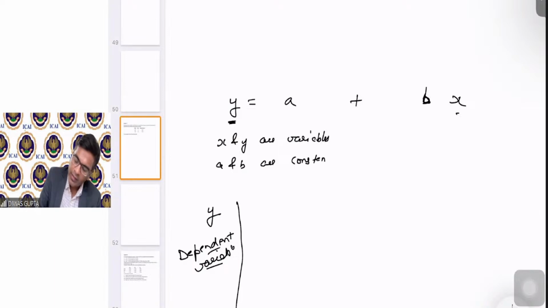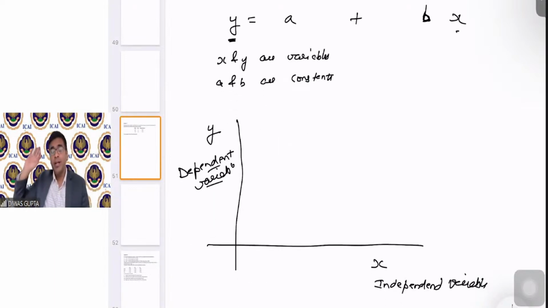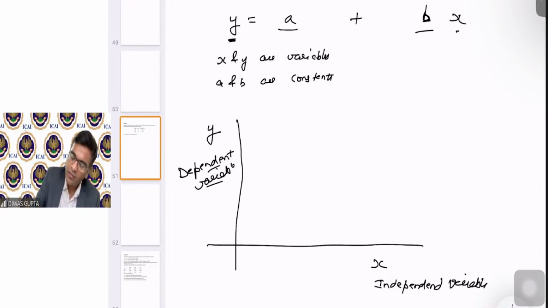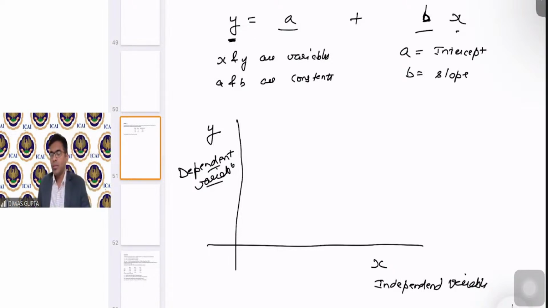Correct? All of you would have studied this in your 11th and 12th, but I'm just recapping it, because this concept is the basis of the security market line and other things. So a was called the intercept and b was called the slope.